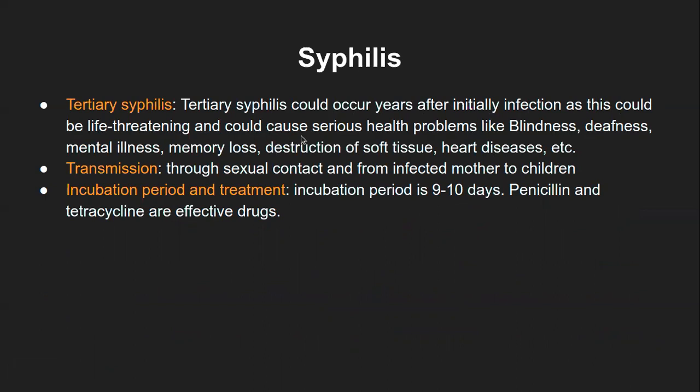It can be life threatening and can also cause serious health problems like permanent blindness, deafness or mental illness, because the level of bacteria in the body has reached such an extent that it has affected almost all the tissues, and it will cause destruction of the tissues and so on. Yeah, so these are the general symptoms depending on the level of syphilis. Transmission, we already spoke of.